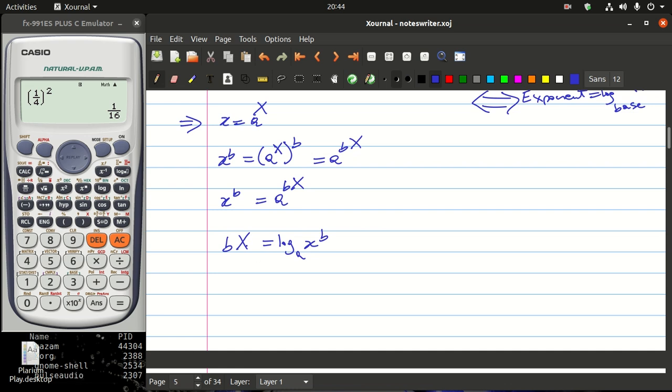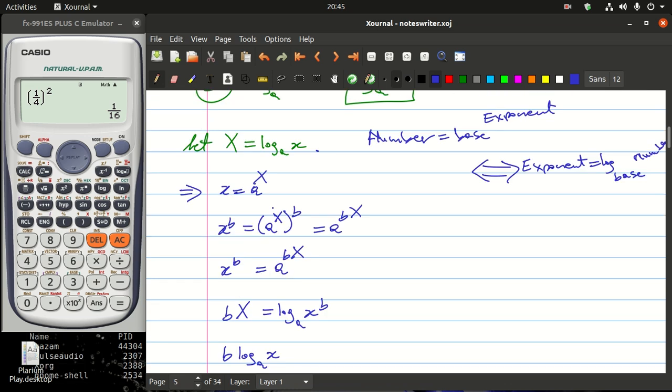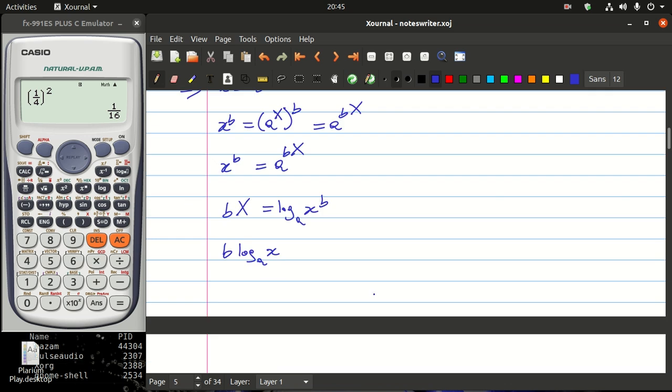What was our X in the beginning? Our X was log_a x. So this one is equal to b times log_a x, which equals log_a of x to the power b. So we have proved the third one.